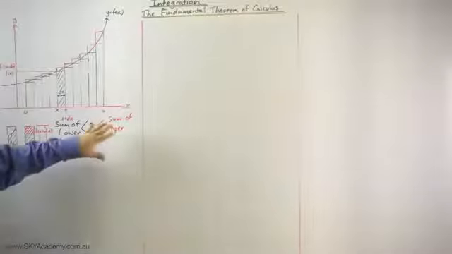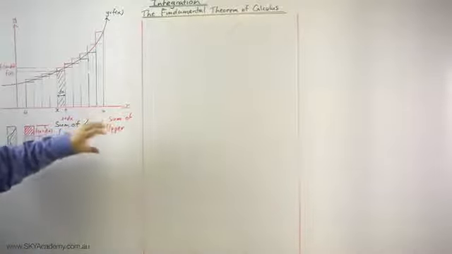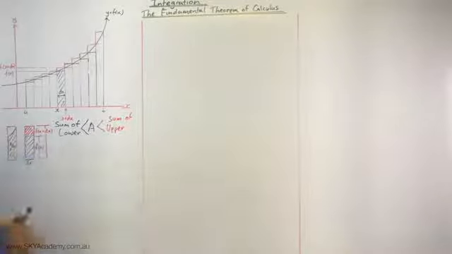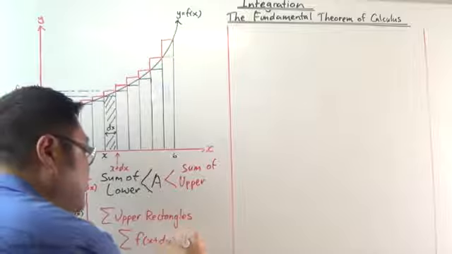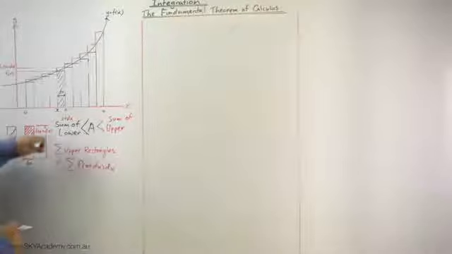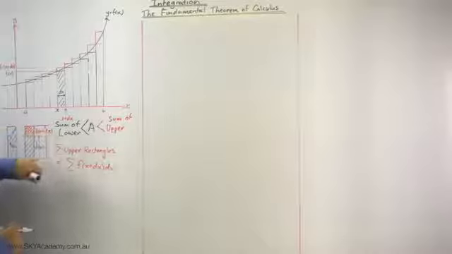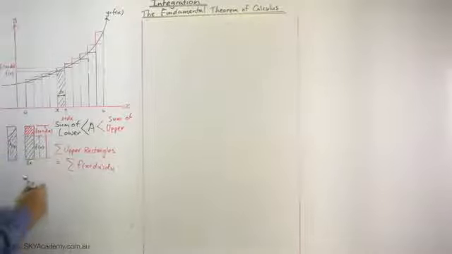So let's come up with an algebraic way of expressing the sum of the upper rectangles. The sum of the upper rectangles is really equal to the sum of f of x plus dx times dx. Do you see that? Height times width, right? Cool.